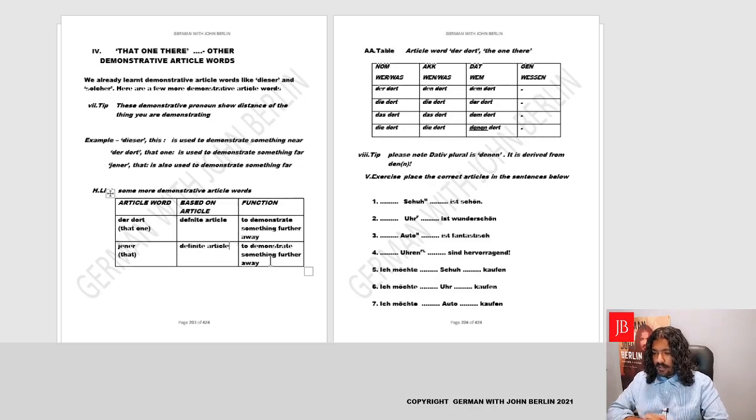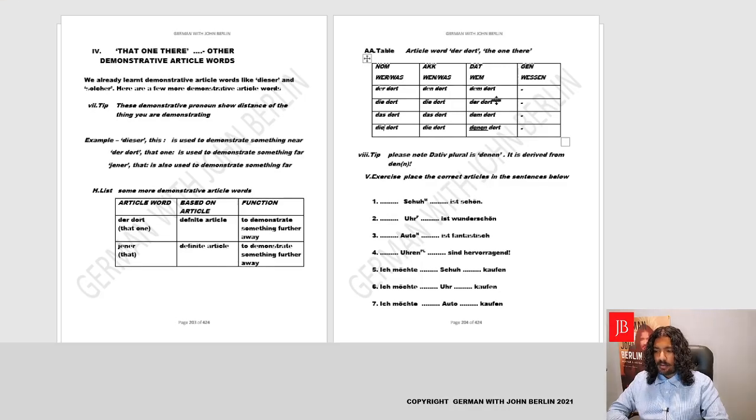Now, without anything said further, it looks easy to understand this article word because it's straight away the articles with the word dort. For example, der, die, das, die, accompanied with dort: der dort, die dort, das dort, die dort. Den, die, das, die, accompanied with dort: den dort, die dort, das dort, die dort.